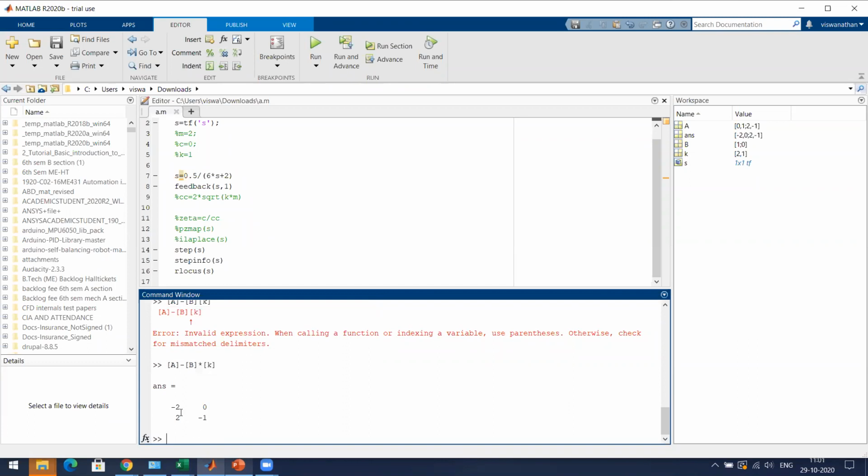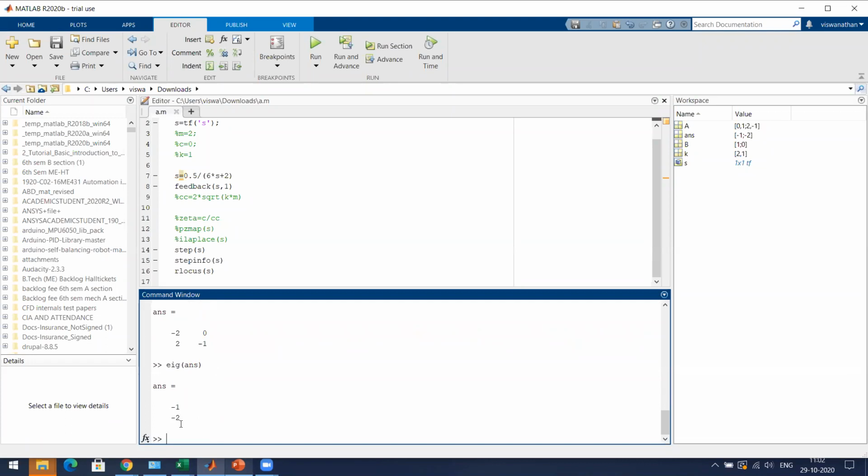So this will be minus 2, 0, 2 and minus 1. So this is the modified, or closed loop, A matrix. A minus BK is the closed loop A matrix. Now if you find the eigenvalue of this one, what should you get?